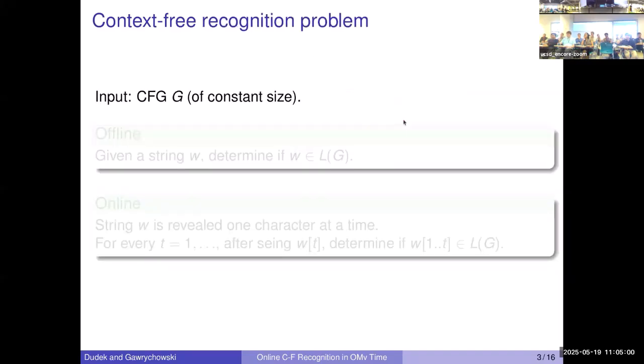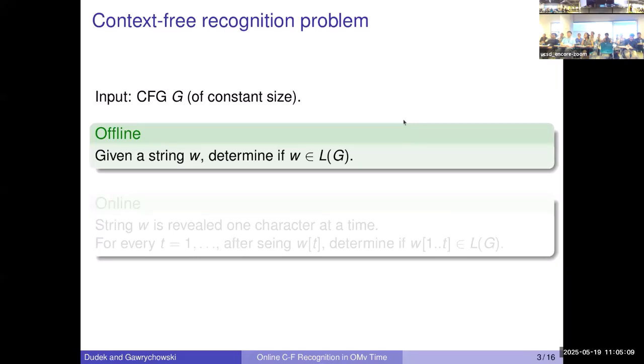Now let me define the problem that we'll consider today. We are given a context-free grammar that we will think of as constant size, and in the offline setting we are also given a string, and we need to determine if the string belongs to the language.